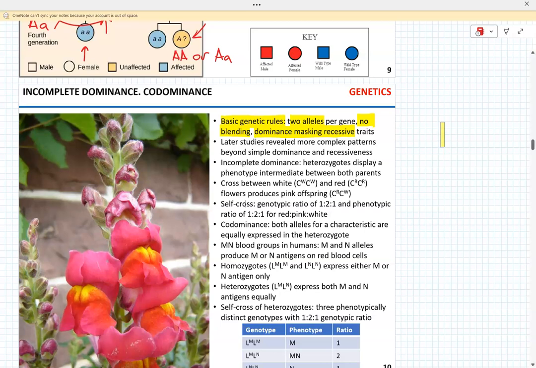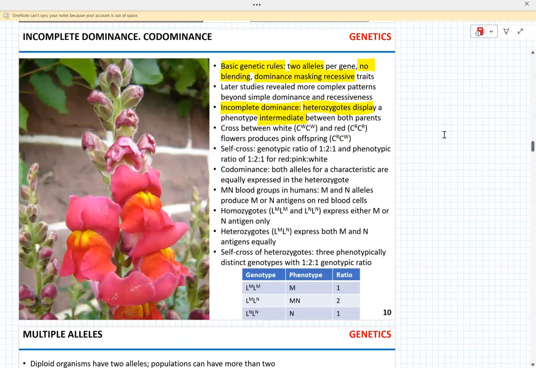However, there is a situation when dominance may be incomplete, when heterozygotes show a phenotype that is intermediate between both parents. For instance, when you cross white flowers and red flowers, you produce heterozygotes that show a pink appearance.